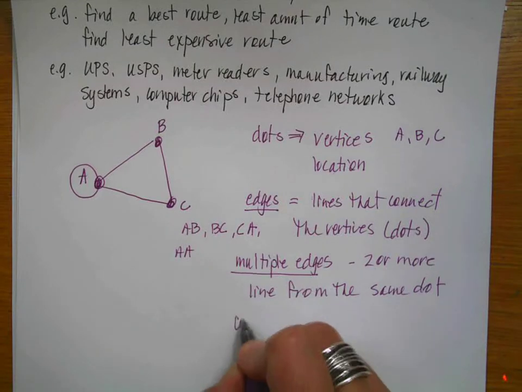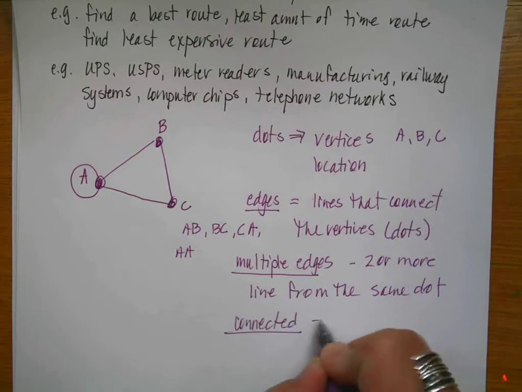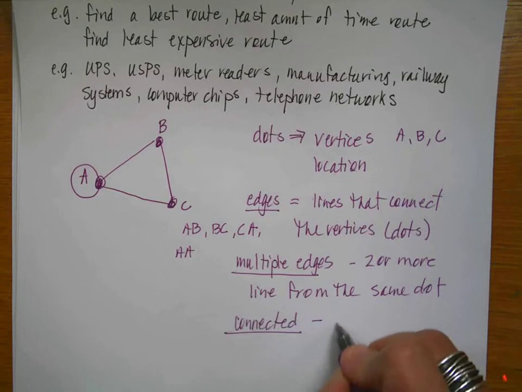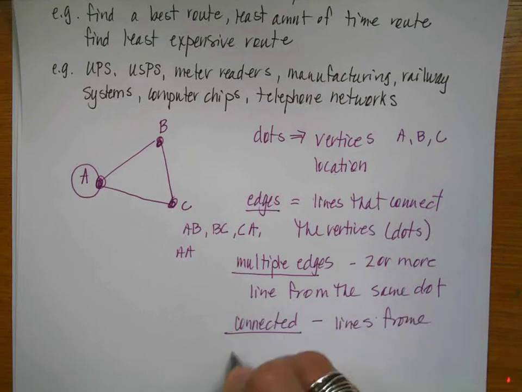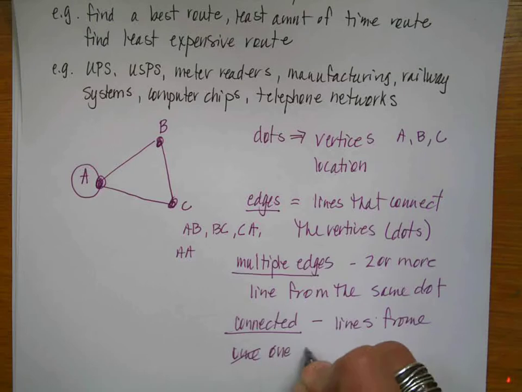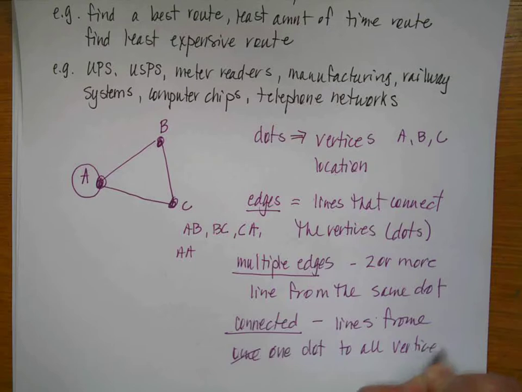The next phrase that we want to understand is connected. A connected graph would be lines from one dot, or vertex, to all vertices.